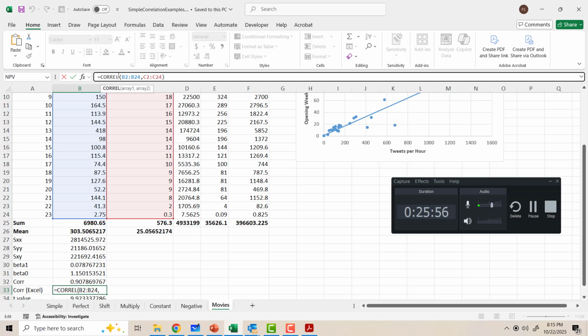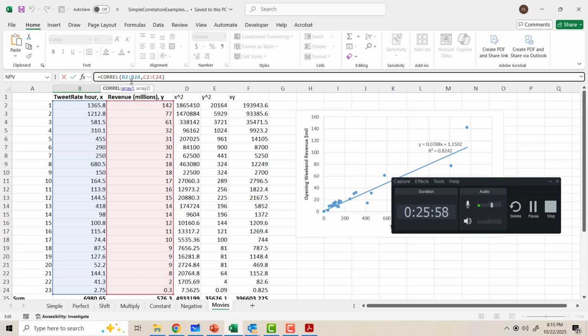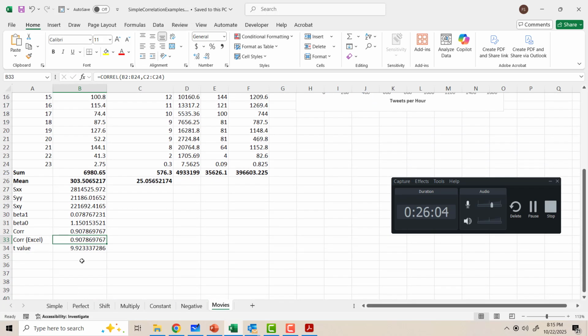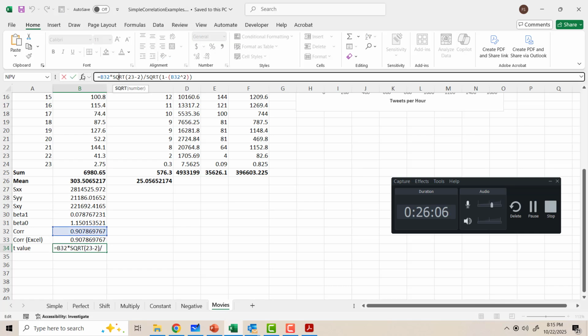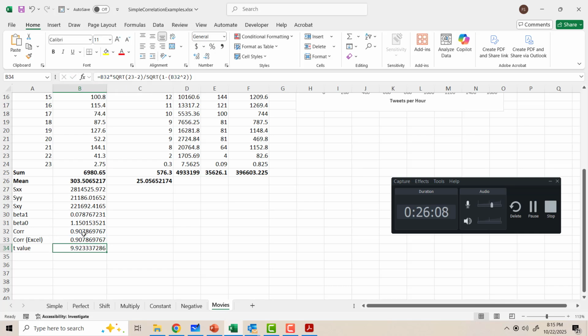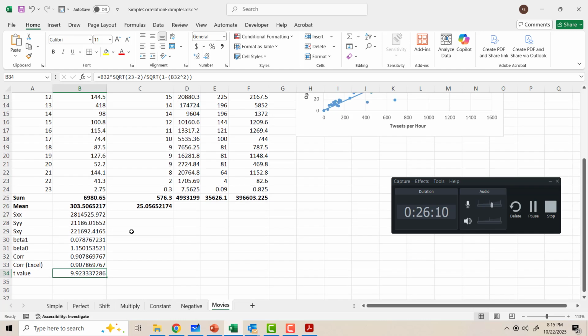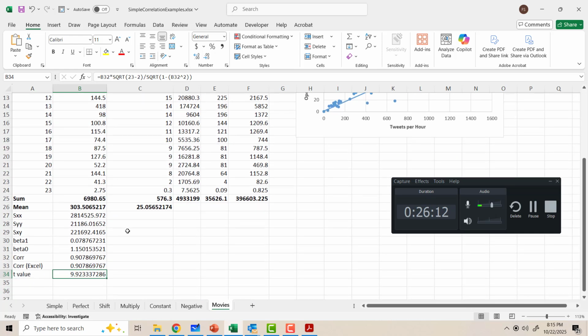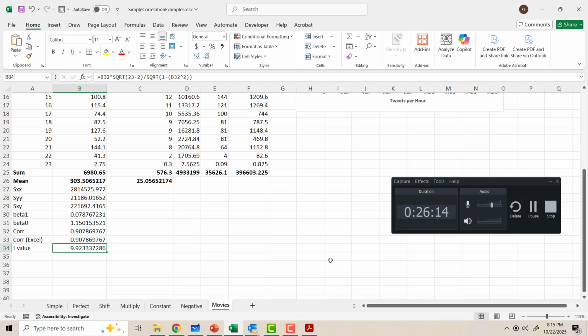Again, as I said, it's independent of n, so you just pass it the two arrays of data, and then I run that formula for the t-value, and we find that the t-value is significant. Okay, so we're just going to finish up there, and then I'll do a quick example with SPSS.